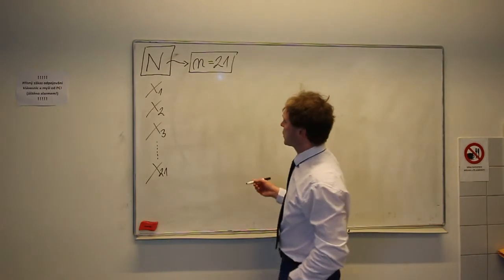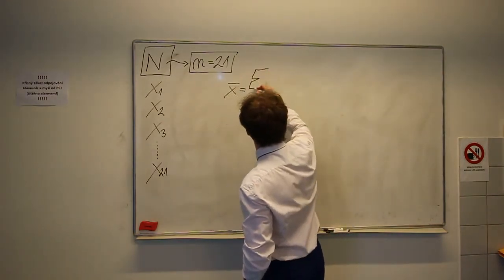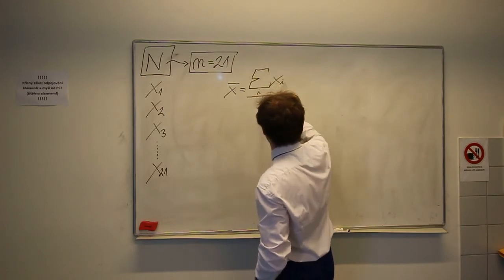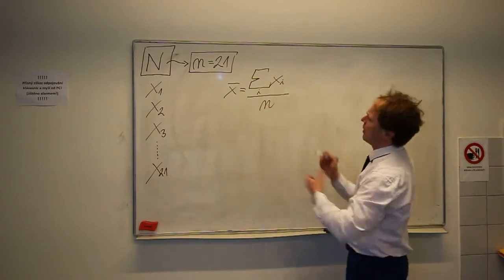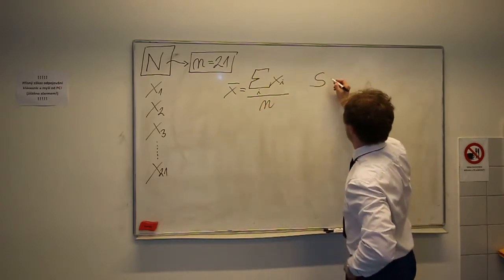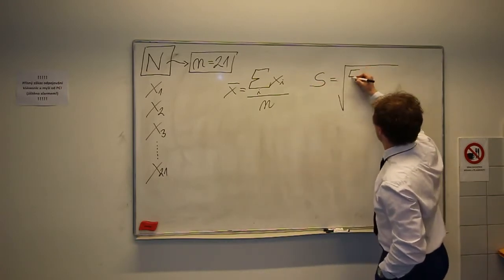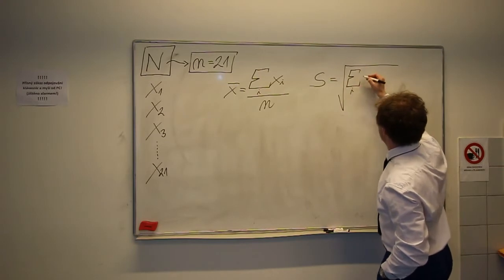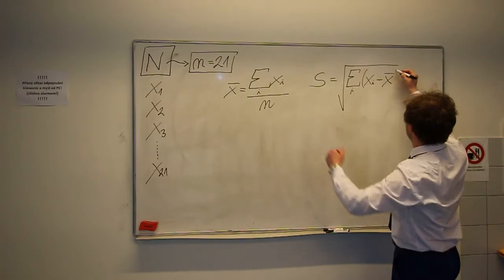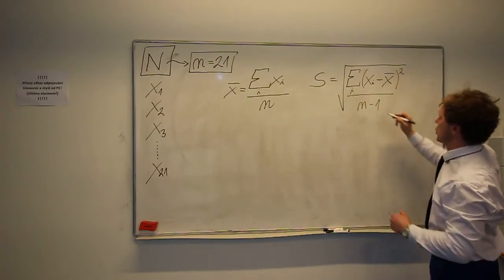On the basis of this, the mean, x with a stripe, is equal to the summation through all i of xi divided by n. This is the classical arithmetical mean. And the standard deviation, s, is equal to the square root of the summation through all i of xi minus this mean, squared, divided by n minus 1.